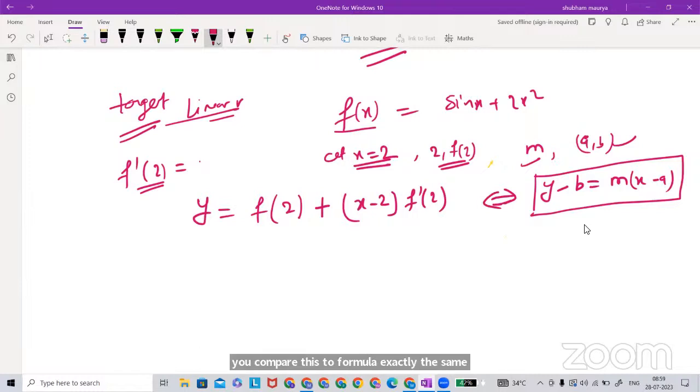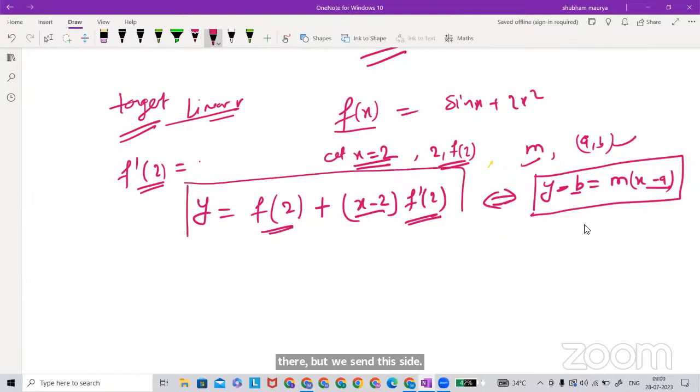The x minus 2 is the x minus a, and the slope is multiplied. This b is our f of 2, which we just send to the other side. So it is easy to remember, no? It is exactly this formula, nothing else.